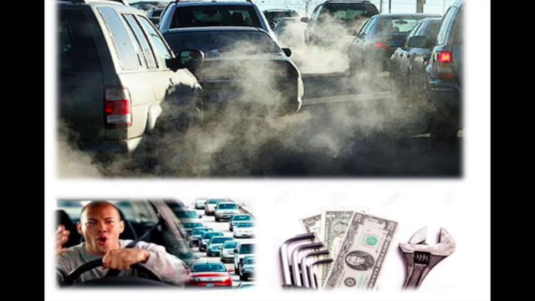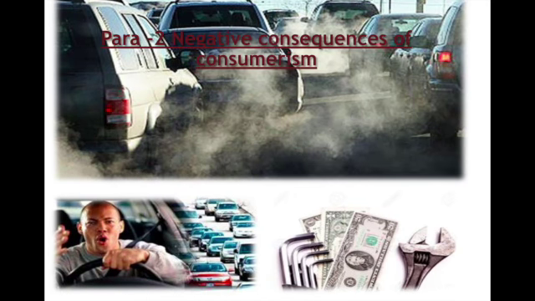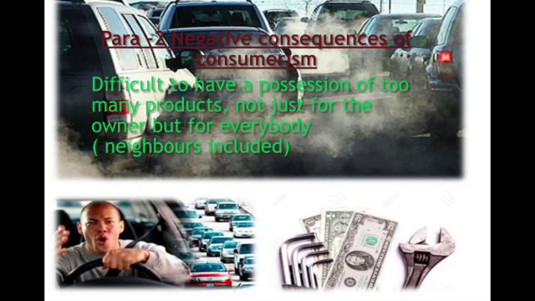And in the second paragraph we're going to talk about the negative side. So as you can see in the picture, the first one is about pollution, the second one is about traffic congestion, the third one is about the many expenses needed to maintain the cars and other vehicles that people buy, if they are not maintained properly. So we write the second paragraph where we give emphasis to the negative consequences of consumerism, and first we talk about the difficulty of possessing too many products.